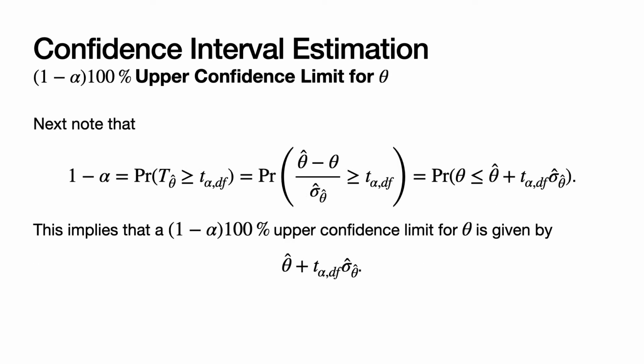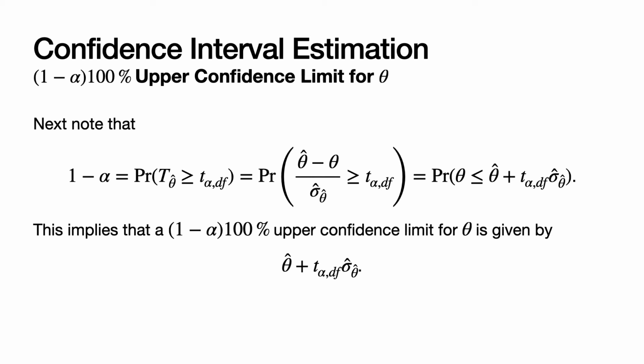Next, we'll construct a 1 minus alpha times 100% upper confidence limit for theta. Again, under the assumption of the normality of theta hat, using this sequence of equal quantities, we see that the probability that theta is less than or equal to theta hat plus T times sigma hat sub theta hat.